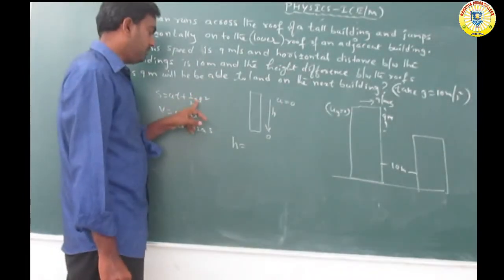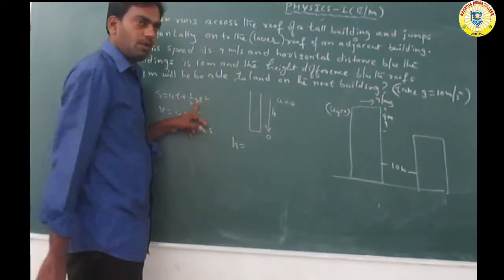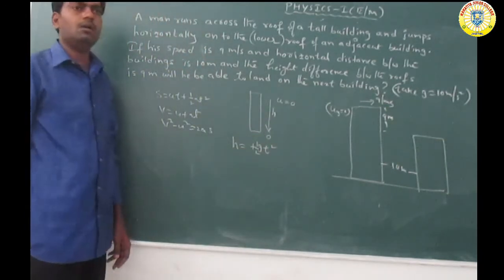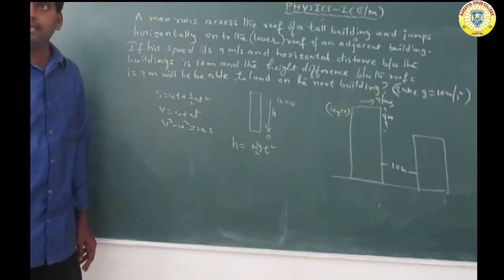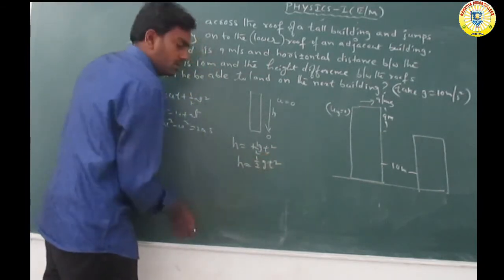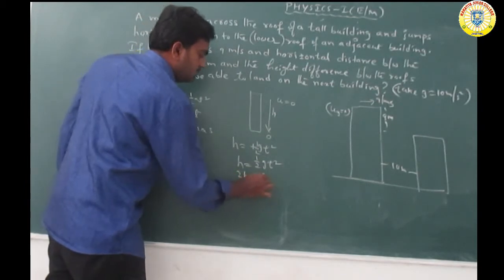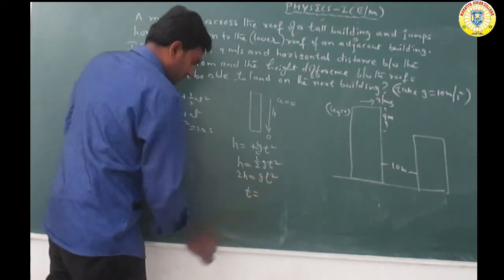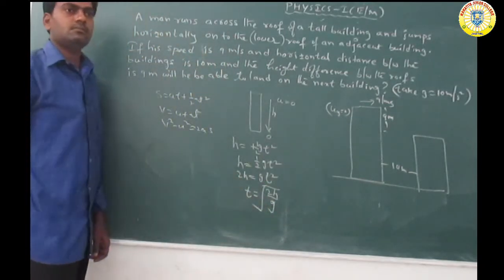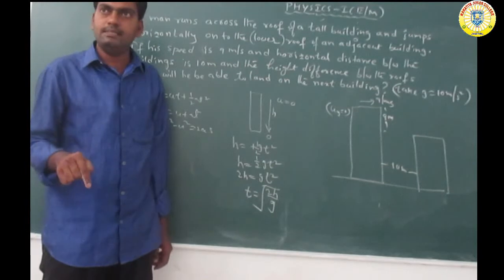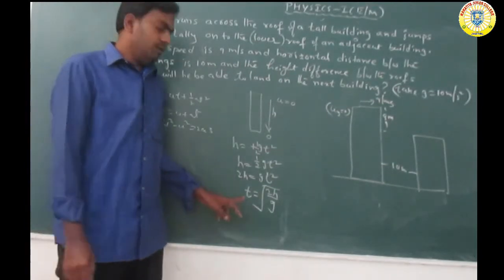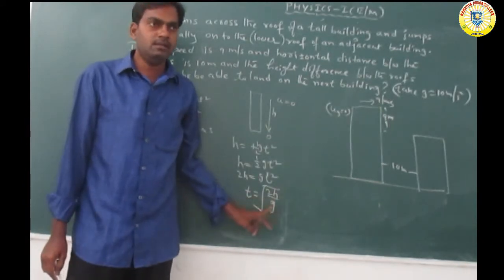The remaining term, a is taken as g, so h is equal to half g t square. So 2h is equal to g t square, t square is equal to 2h by g, and t is equal to under root of 2h by g.